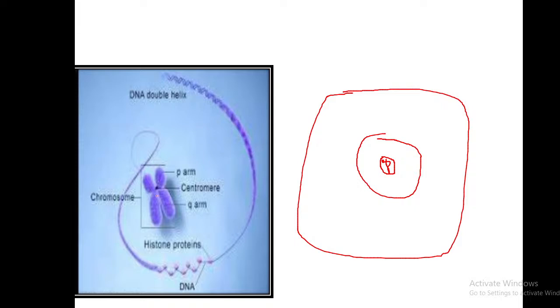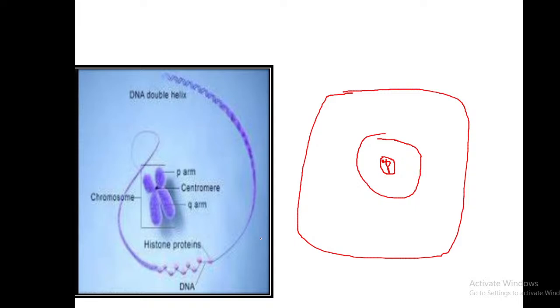This is how you can see a chromosome here, and inside the chromosome the genes are located. A specific part of the DNA sequence in a chromosome is called a gene.